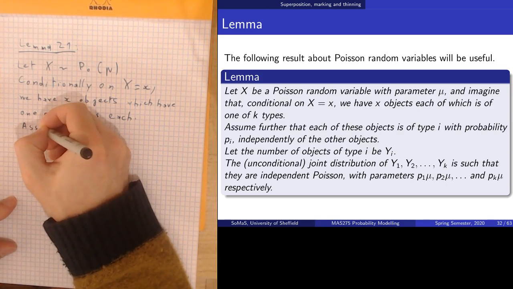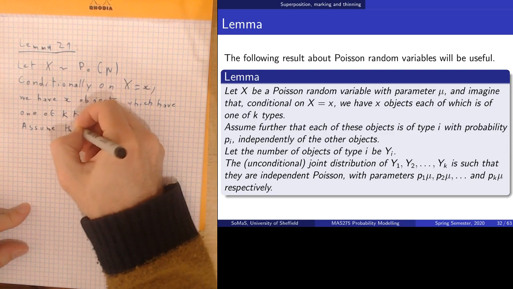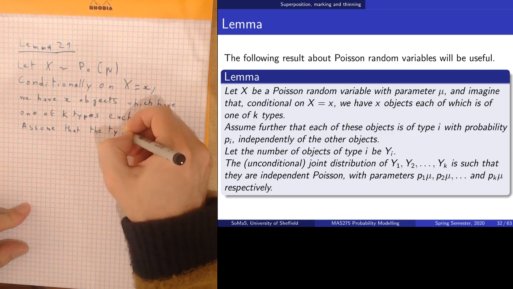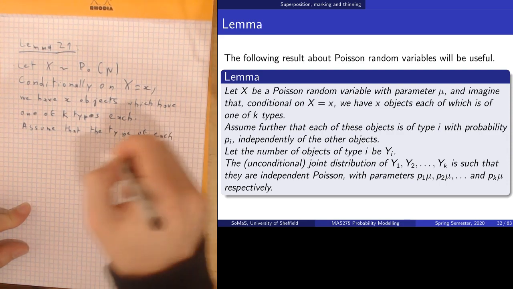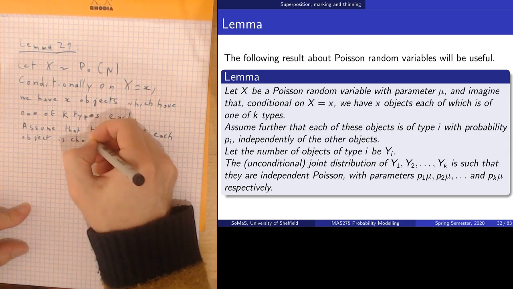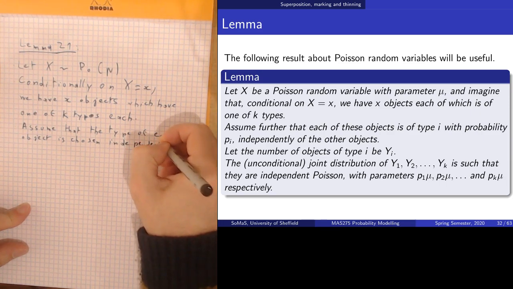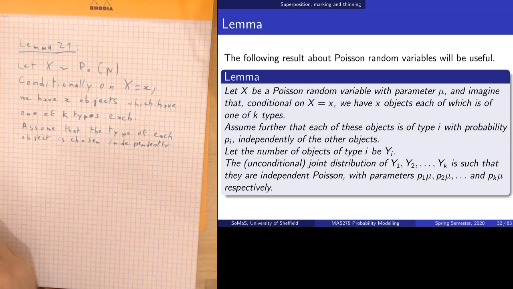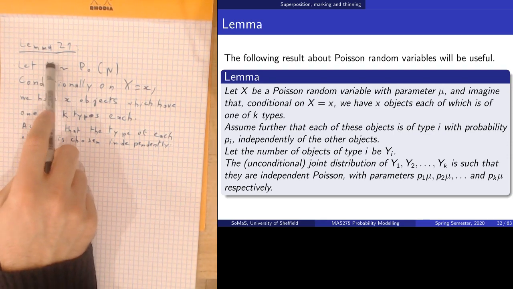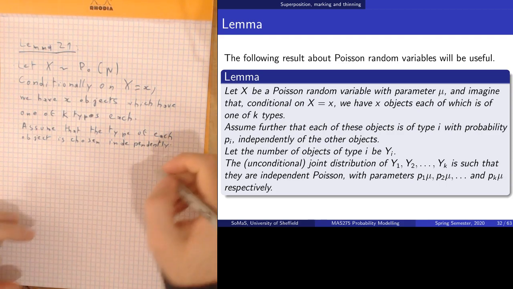And we assume that this happens independently, that the type of each object is chosen independently of the others. So, okay, I throw my X random variable, let's say it's 3, then I have 3 balls, and for each of my 3 balls I'm going to choose its color with these distributions.